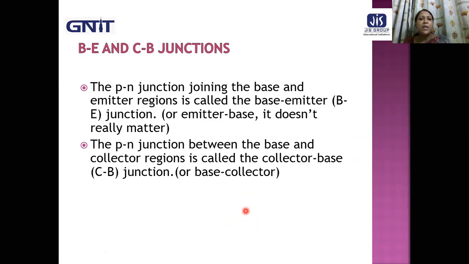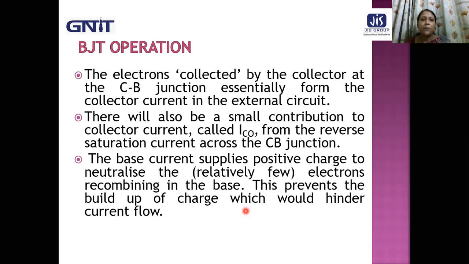So what are the BE and CB junctions? BE is the base emitter junction and CB is the collector base junction. The PN junction joining the base and emitter region is called the base emitter junction, and the PN junction joining the base and collector region is called the collector base junction. BJT operation, let us start. How does a BJT work? The electrons collected by the collector at the collector base junction essentially form the collector current in the external circuit.